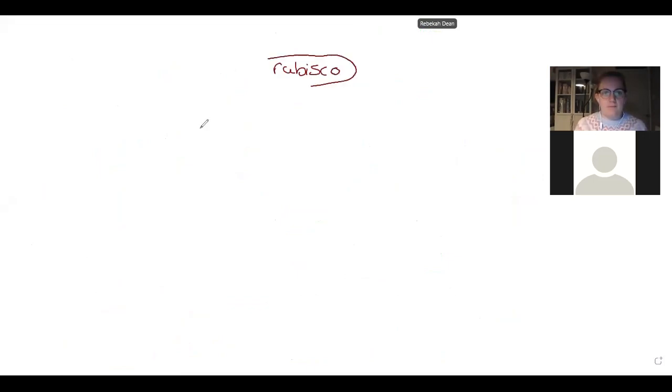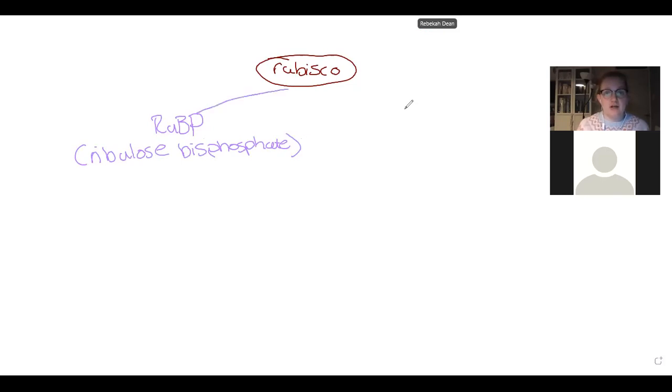And Rubisco catalyzes basically the carboxylation of RuBP, that's capital P, which is ribulose bisphosphate. So I'll pop that here. And it catalyzes the carboxylation of that. And obviously remember, carboxylation is the addition of CO2.